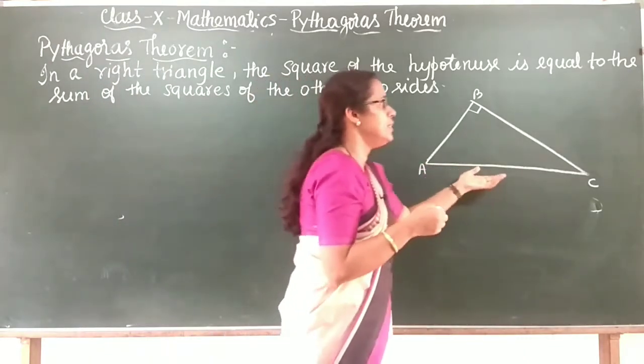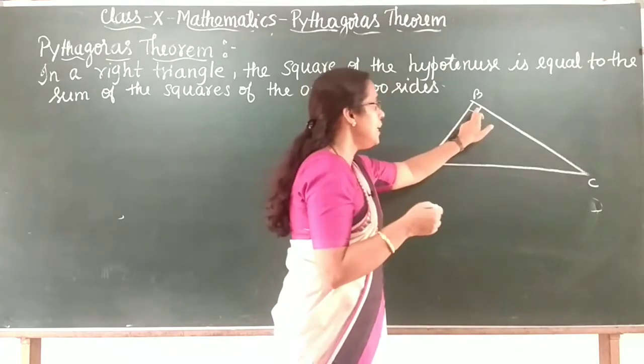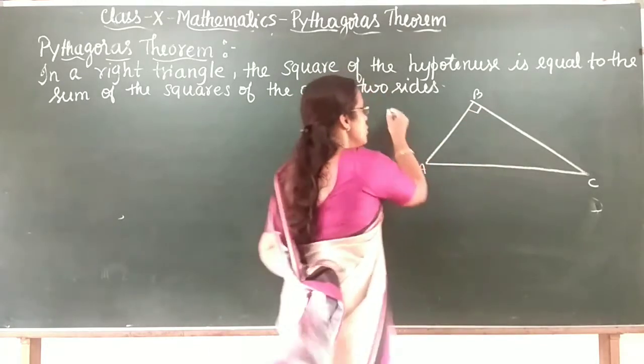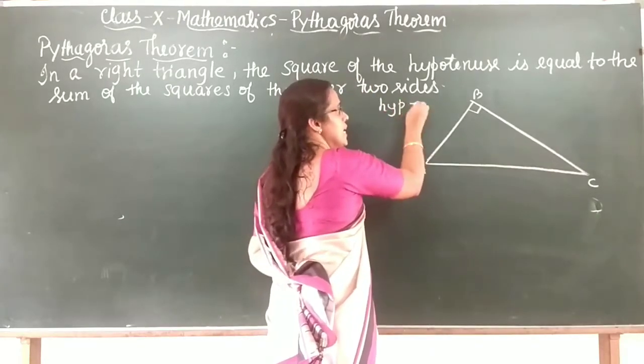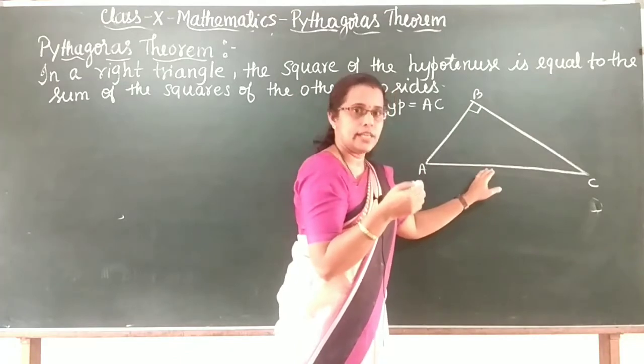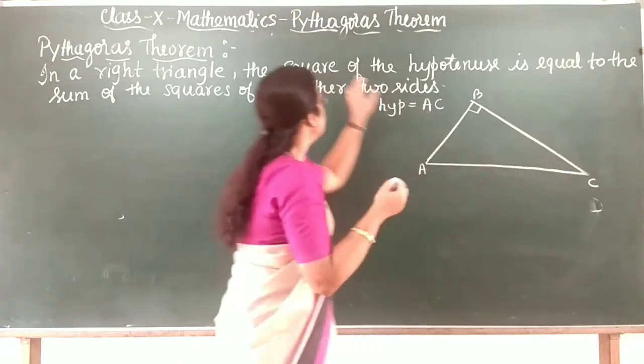So just now I said, which is the hypotenuse here? The side in front of the 90 degree angle is called the hypotenuse. So the hypotenuse is AC. Correct, children?